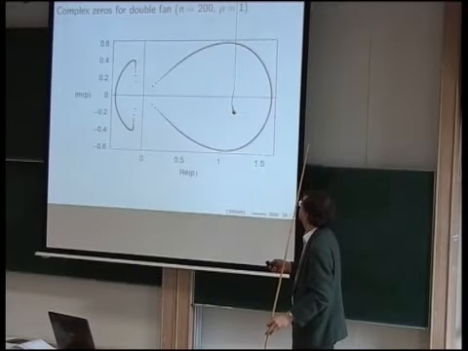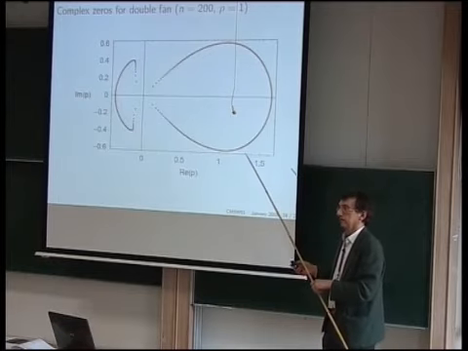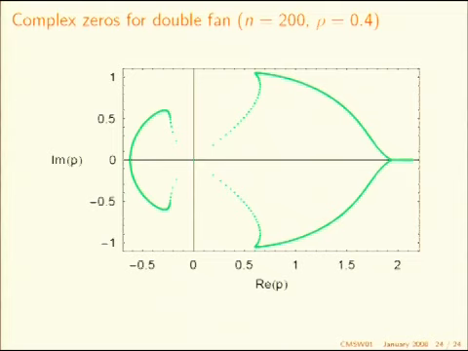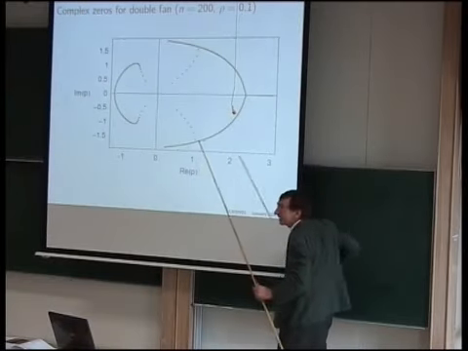In that case, when nodes are perfect, you see something like this. And slowly, as rho decreases, the structure looks like a tropical fish with some big nose, and, you know, these fins.